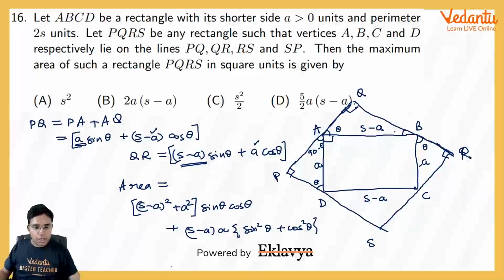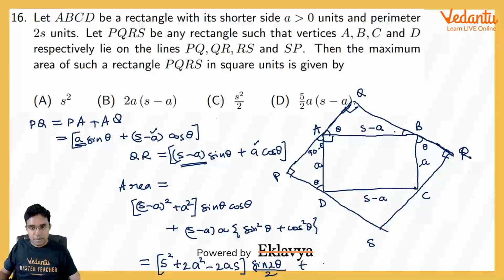So this area is actually equal to, if I open this bracket, S square plus 2A square minus 2AS, and I can write this sine theta cos theta as sine 2 theta upon 2, plus here it will be SA minus A square.